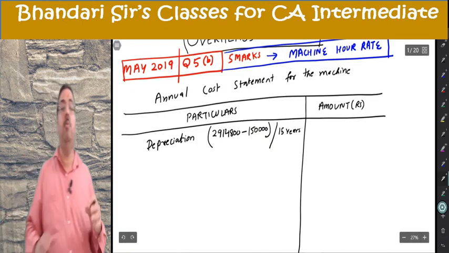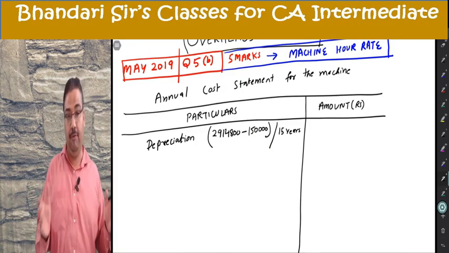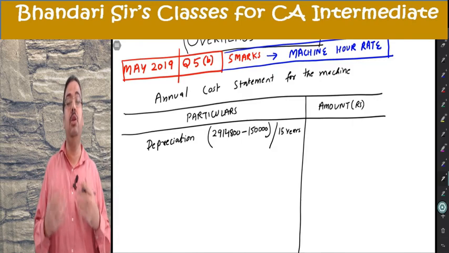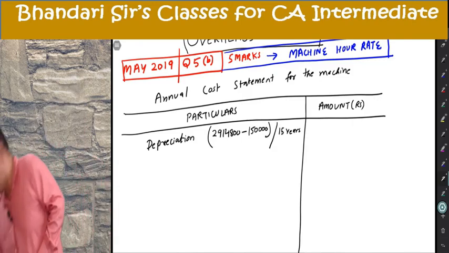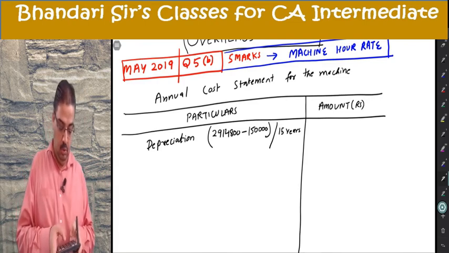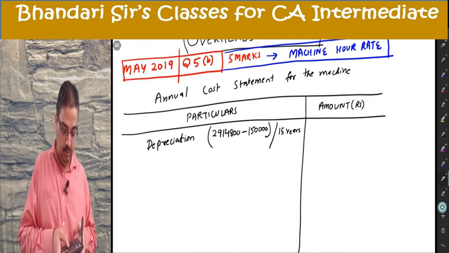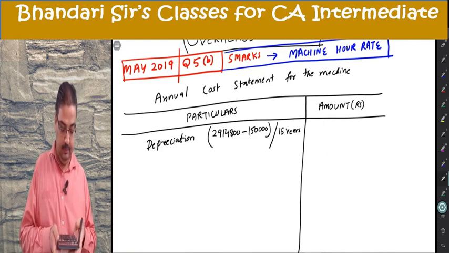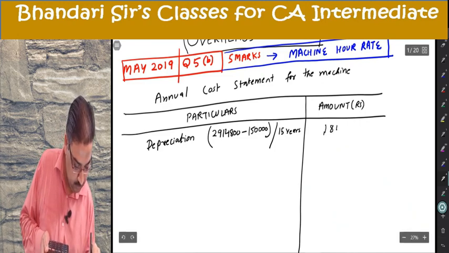This is the simple formula for straight line method. Cost minus expected scrap at the end of 15 years divided by the useful life of 15 years. Let us compute that. 29,14,800 minus 1,50,000 divided by 15. I am getting 1,84,320.